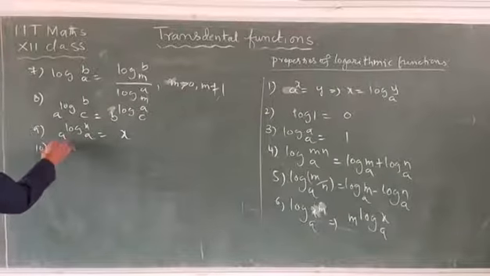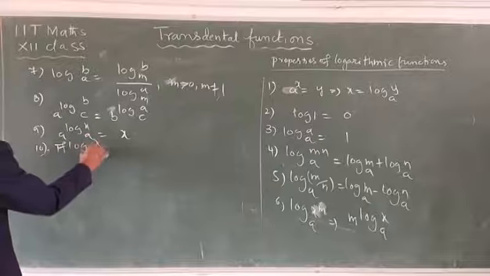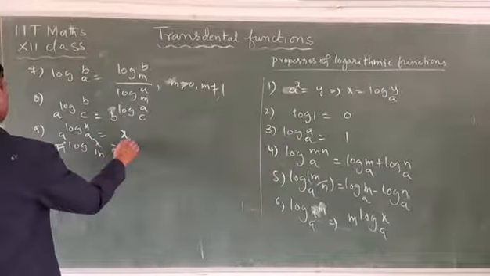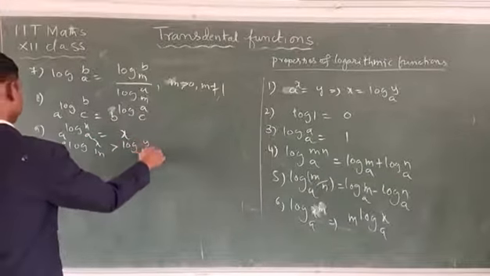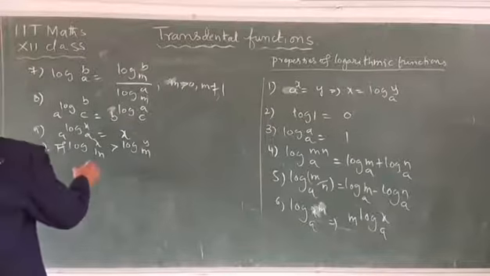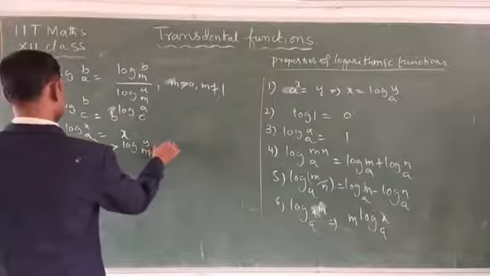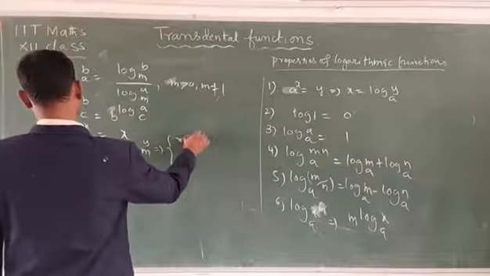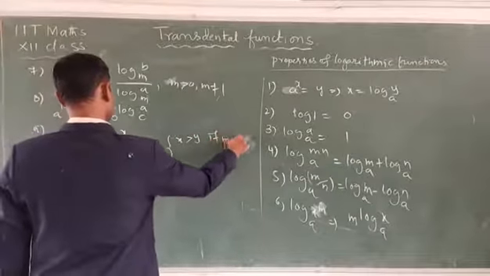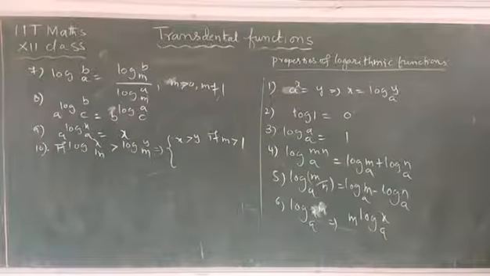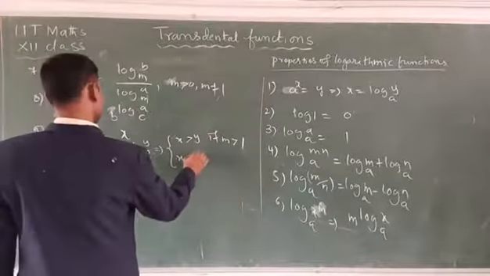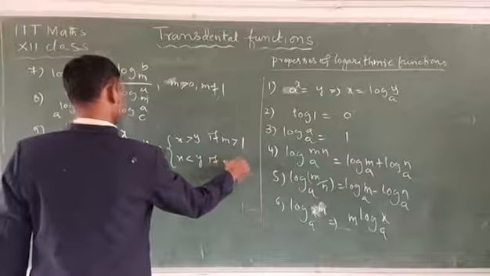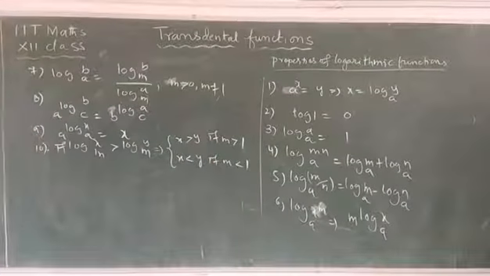Next one, if log x base m is greater than log y base m, then x is greater than y if m is greater than 1, otherwise x is less than y if m is less than 1.